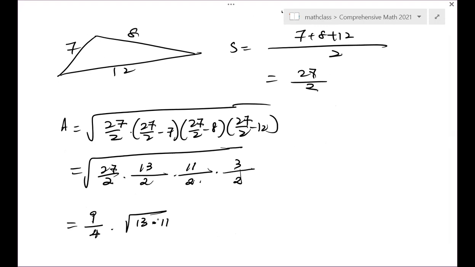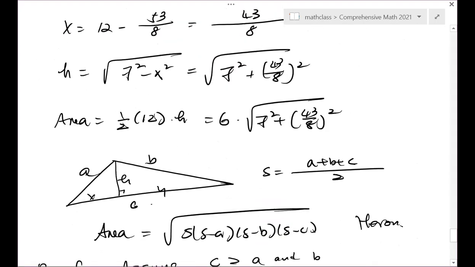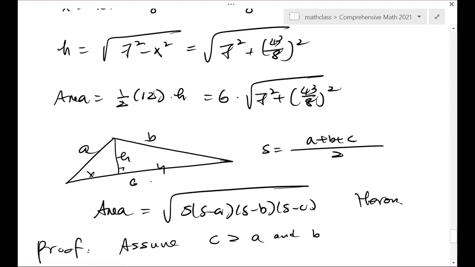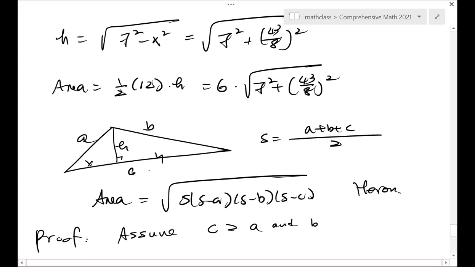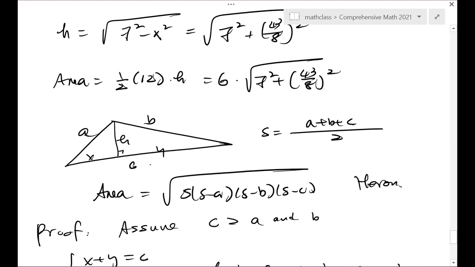Of course, if you use the above method, after simplifying, you should be able to get the same solution. We get 6 times the square root of 17. Let me double check.